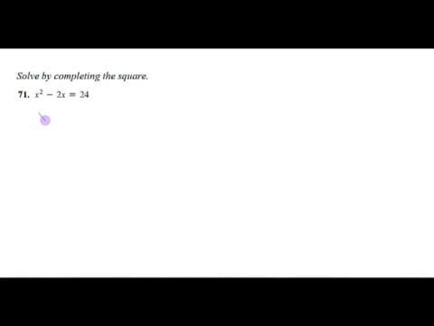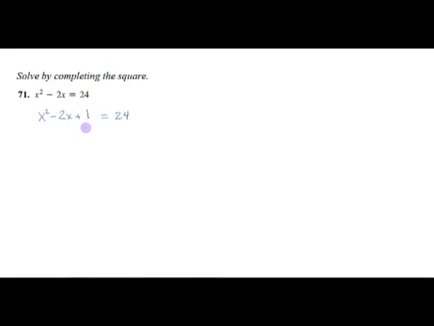What we'll want to do is leave a space here so that we can add that special number that makes this a perfect square trinomial. So what number would I put here if I wanted to make this a perfect square trinomial? Half of 2 is 1, squared is 1, so I'm going to add 1.